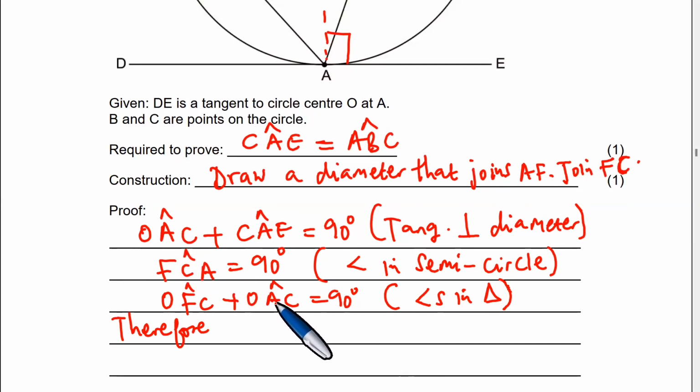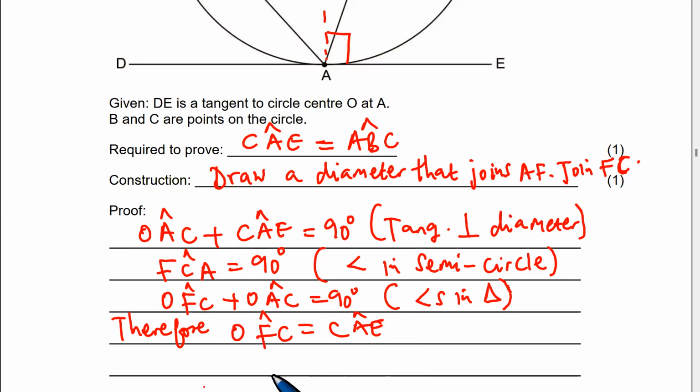We don't have a lot of time in the matric exams. A small observation like this is enough to say these are both equal to 90 degrees. Therefore, if we equate them, OAC is going to cancel, and that means OFC is equal to CAE. Just comparing the first and the third equations, because they're both equal to 90 degrees.